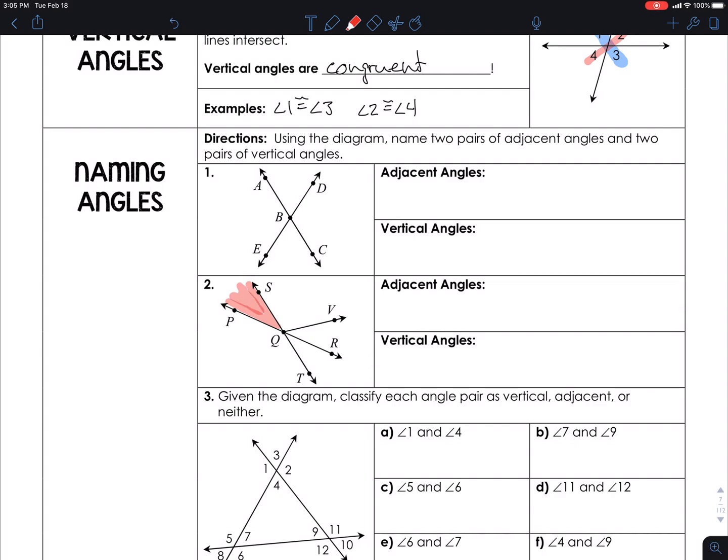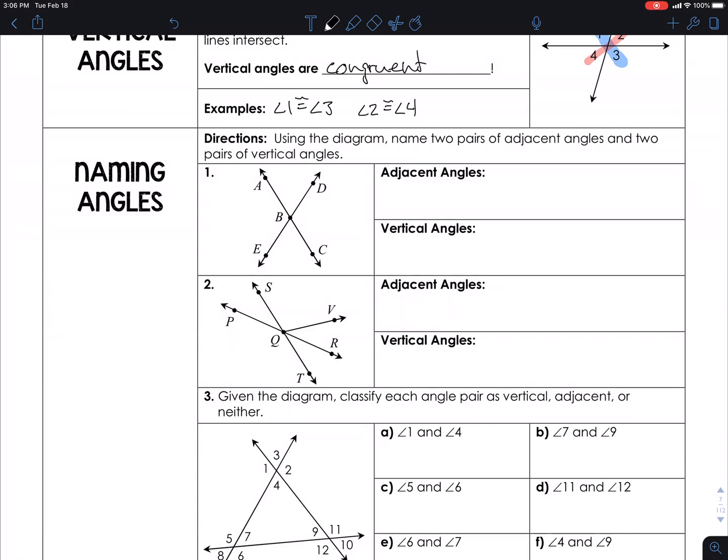So I can call that angle PQS. Oh, they didn't even want all angles. We just need adjacent and vertical. That's even simpler. Sorry, I didn't even read the instructions. So we need adjacent and we need vertical.